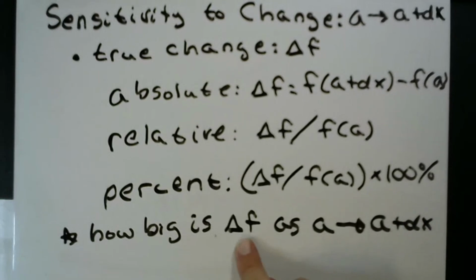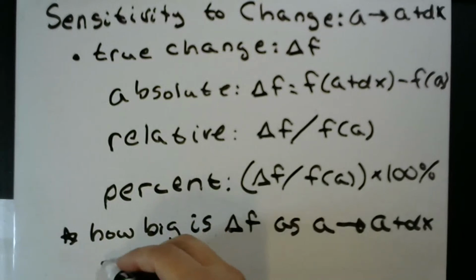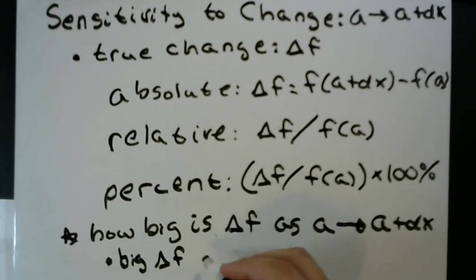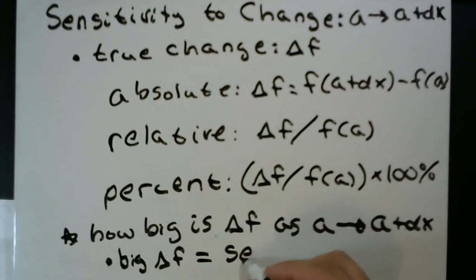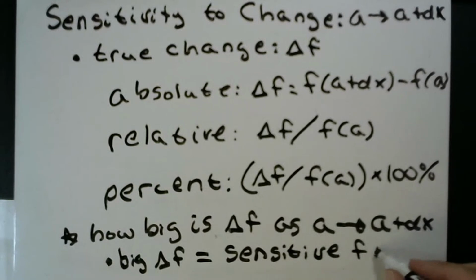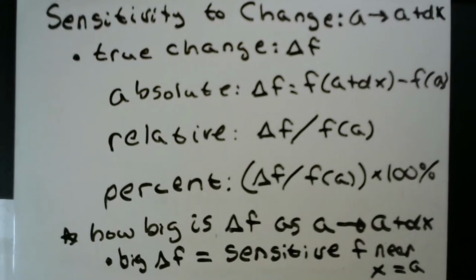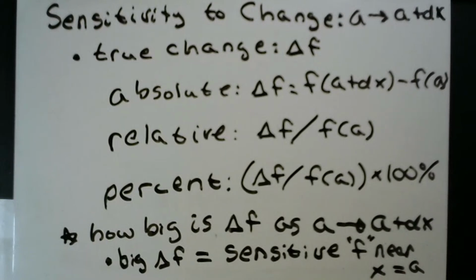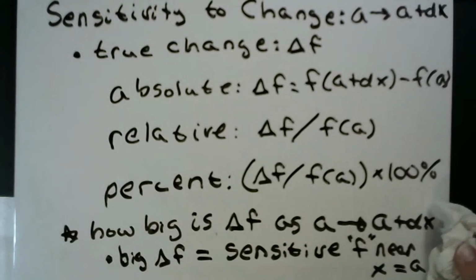And if there's a big delta F, our function is sensitive near x equals a. And this can be actually kind of an interesting phenomenon, even a little bit of a problem in some ways. So that's how we deal with the true change, the change in delta F.